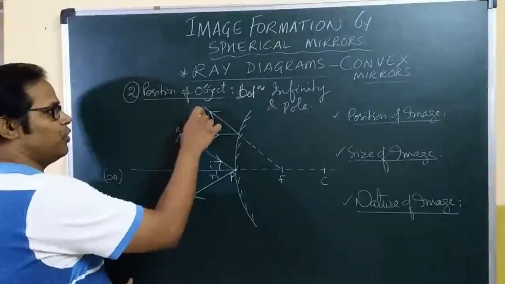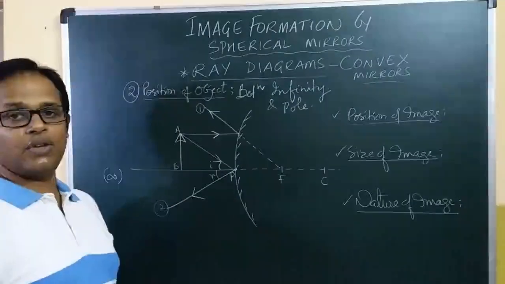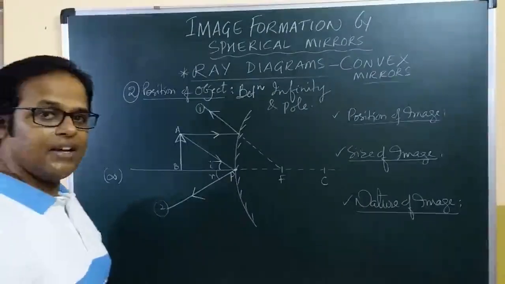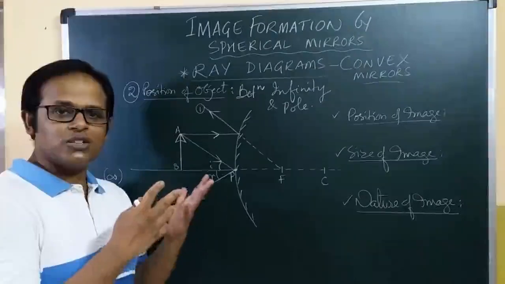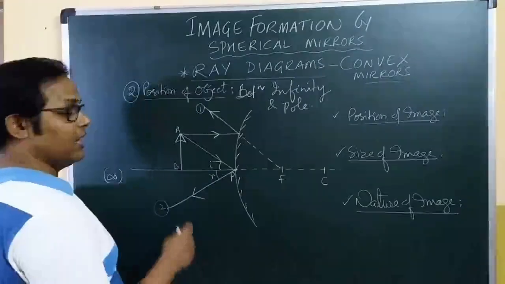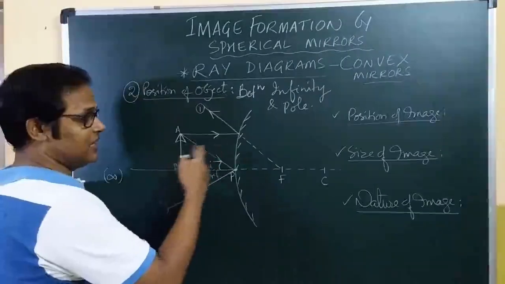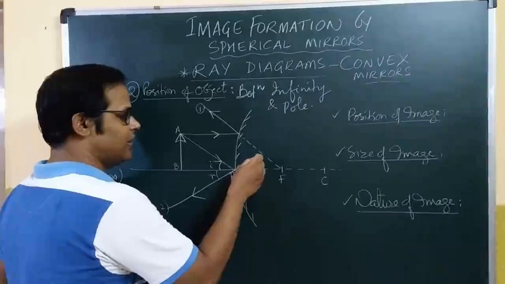If you notice the reflected ray 1 and reflected ray 2 of the 2 rays we have chosen so far, you will find that the reflected rays do not intersect, or they do not really look like intersecting even in the future. But an image of this object is formed in the mirror, and that is shown by producing the reflected rays backwards.